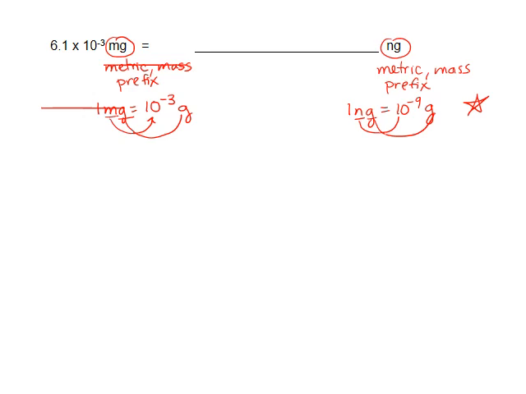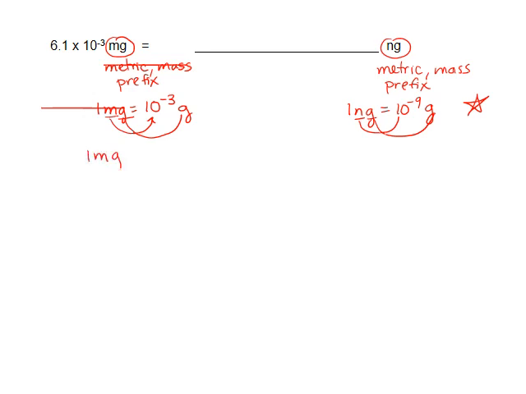Milligrams are small units, so 1 milligram is a fraction of a gram. Nanograms are even smaller units, so 1 nanogram is just a fraction of a gram. After writing the equalities, we want to write the two possible conversion factors that go with these equalities.